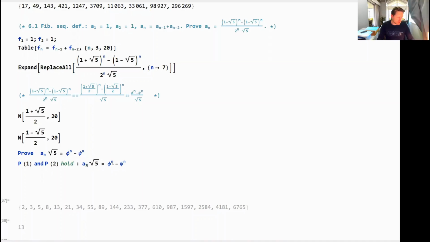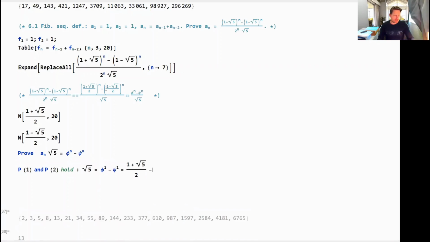So a_1, now that's when we put 1 into the exponent. Okay, but let's just verify this, right? So a_1 is equal to 1. So that should be root 5 is equal to the difference between these values here, right? So this is this one minus this one. Okay, and so we put these under a common denominator and take the difference.